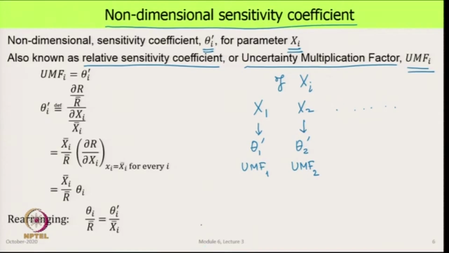And the definition of the non-dimensional sensitivity coefficient is dr by r over dx I by x I. So, what we have done is normalized what we had earlier as dr by dx I, divided this by r, made it a ratio, non-dimensional, divided this by x I, becomes a ratio in the denominator, becomes non-dimensional. This entire function has no units.